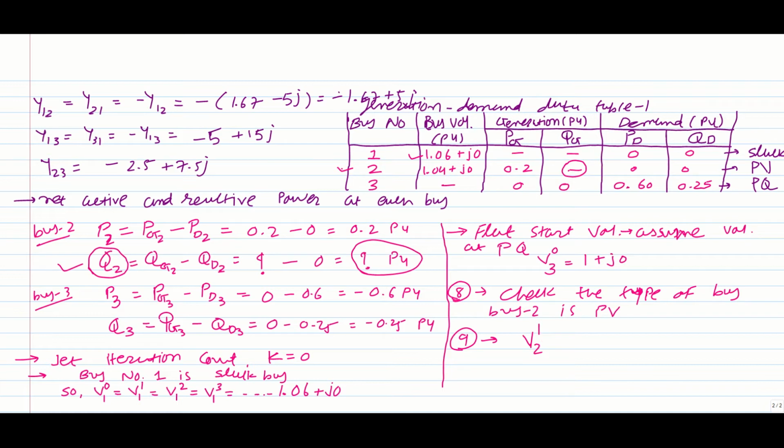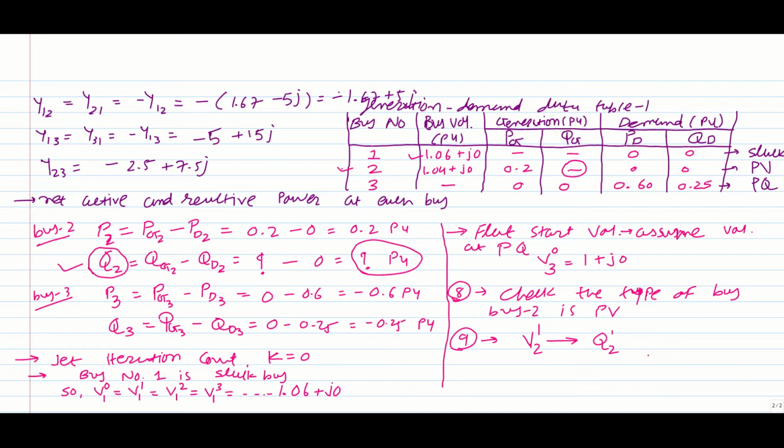For calculating V2 1, the magnitude is already given, but the delta is not given to us, so for that we need to calculate Q2 1.